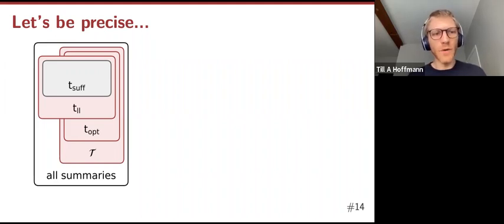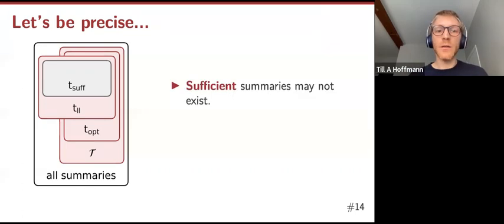But note that not all of the sufficient or lossless summary statistics are within the class of summary statistics that we're considering. So there might be a model that has sufficient summaries, but we just weren't able to come up with a summary statistic space that included those sufficient summaries. So sufficient summaries may not exist if the model isn't exponential likelihood.